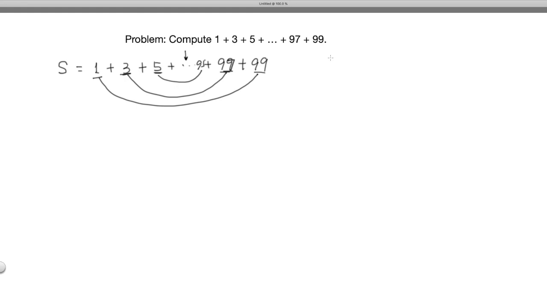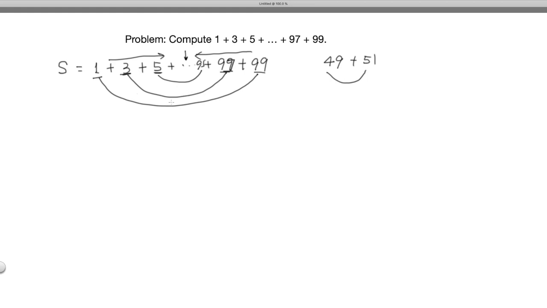The middle is going to be 49 plus 51. You can verify this by seeing that the number from the left is increasing every time by 2, and the right is decreasing by 2, so they meet at 49 and 51.